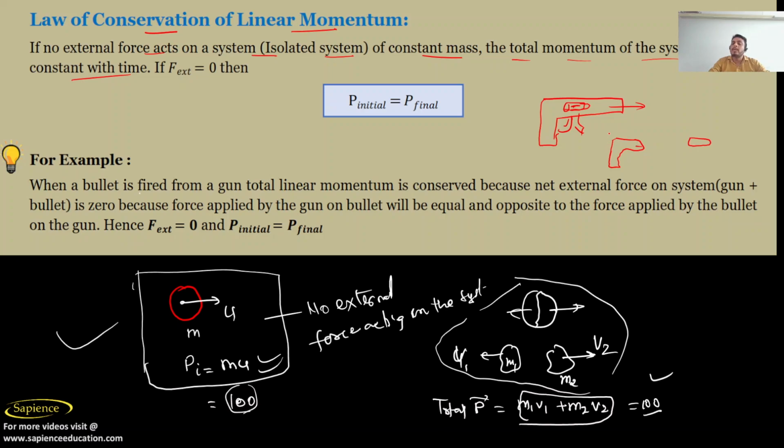So we consider these two bodies as a system, because initially they were part of the system, and after firing they are also part of the system. Initially both are at rest, so the initial momentum is zero, and the total momentum afterwards will also be zero. Let this be the mass of the gun and this the mass of the bullet, with final velocities of gun and bullet.